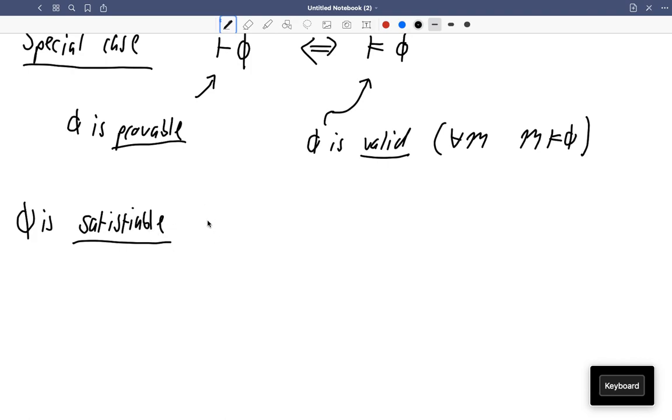In this case, it's if there is a structure that satisfies phi.